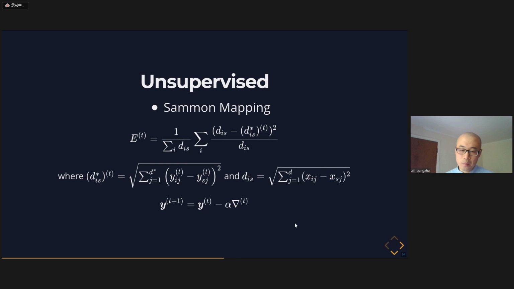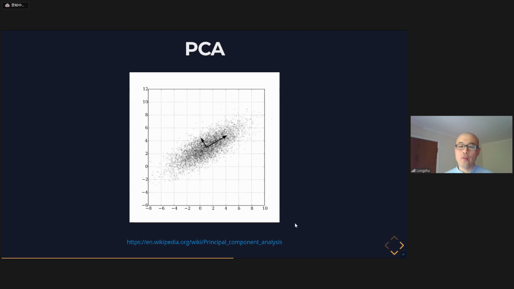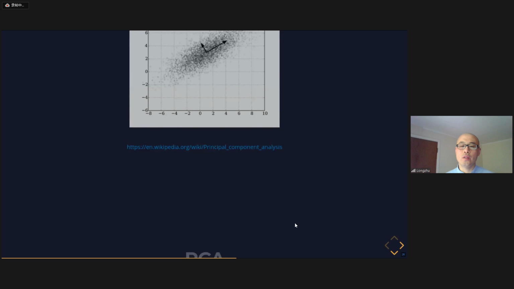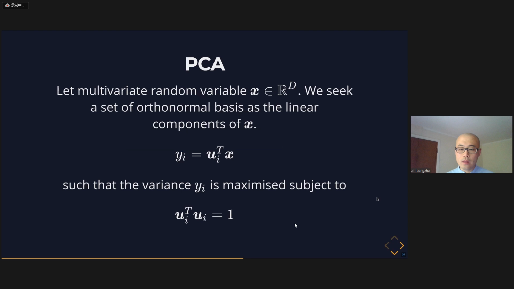Another one probably even more familiar to you is principal component analysis. It's also a technique many of you use for clustering or dimension reduction. In this situation, we have a slightly different setup, but with a similar goal compared to standard mapping.